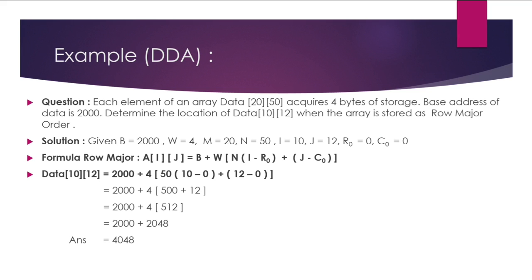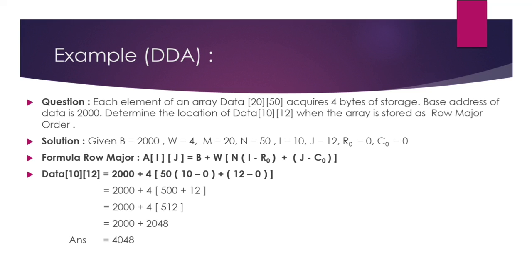When the array is stored in row major order, you have to put in the formula of row major order. In this way you have to find out what is given in the question. R0 and C0 are not specified, so by default they are 0, because the first location of an array always starts from 0.